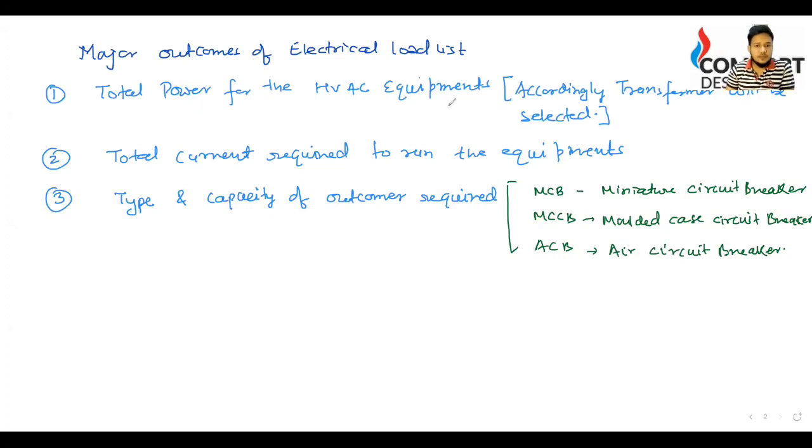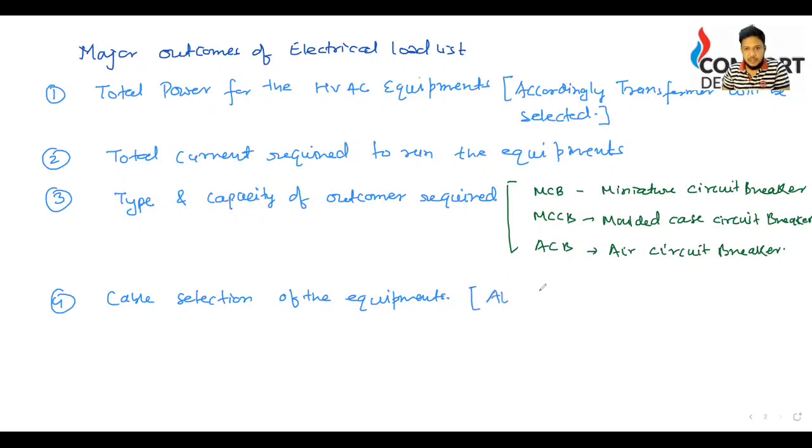Fourth point is the cable selection for the equipments. Here we will be writing the cable size, that is the core and square mm, and whether aluminium or copper cable will be used.